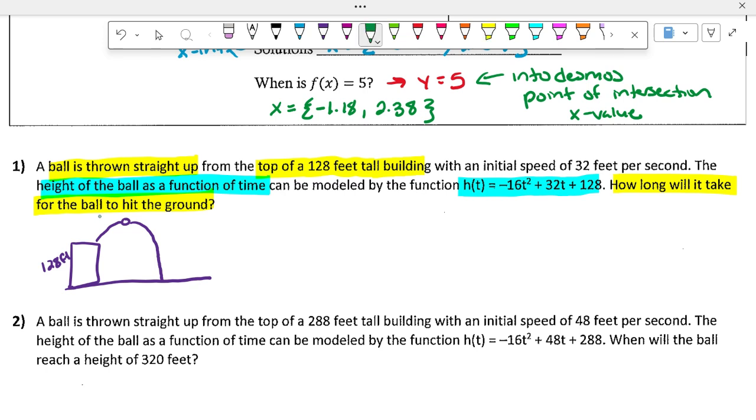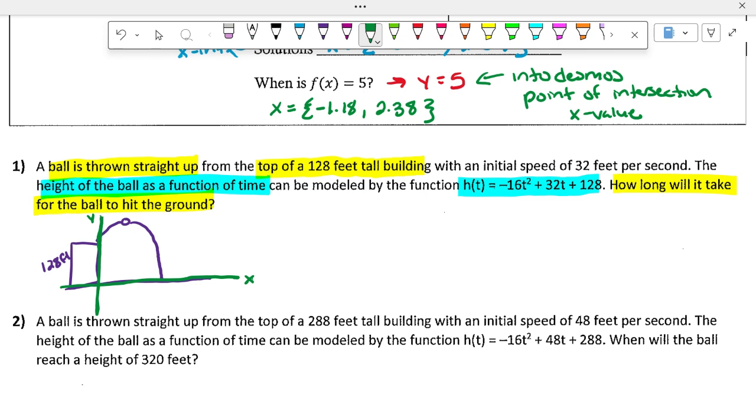Let's say that the y-axis is in line with the building. So that's the y-axis. The x-axis would be at ground zero. In other words, the ground itself. So if I want to know the time when the ball hits the ground, what do you think I'm going to find?